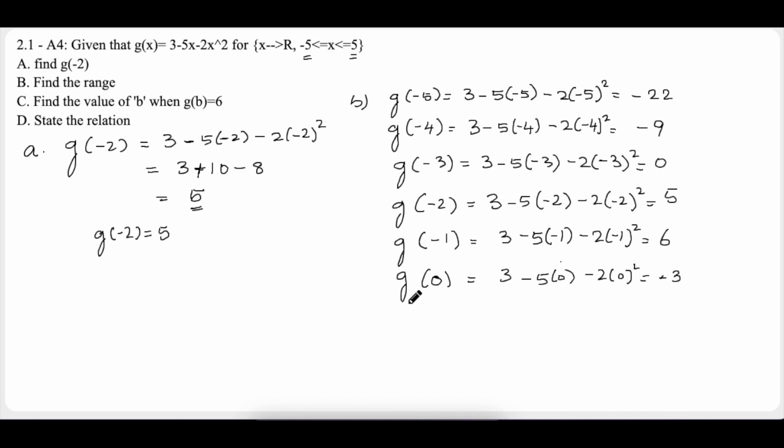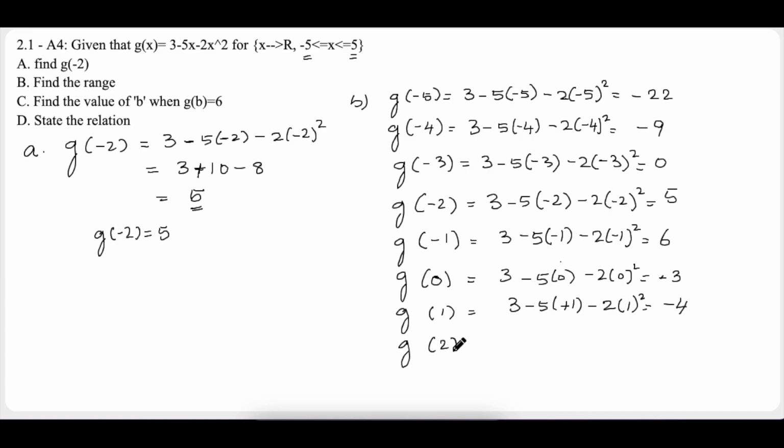So this is the correct answer, 3. g of 1 equals 3 minus 5 times plus 1 minus 2 times 1 squared, which equals minus 4.